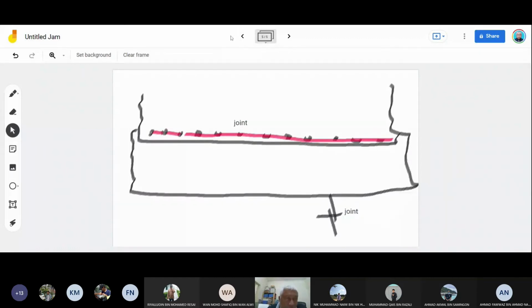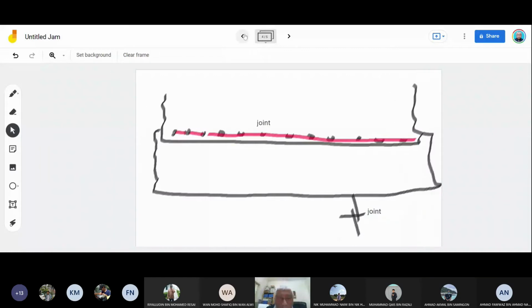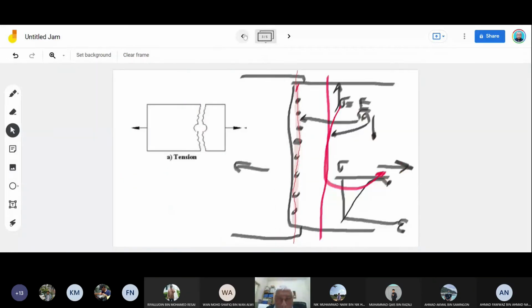Okay, any questions so far? Okay, for this, how to do the analysis? We take a portion of this, in between half, and then we take it out, and it becomes this.